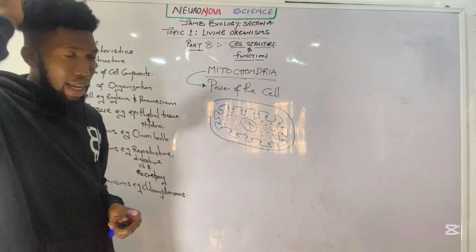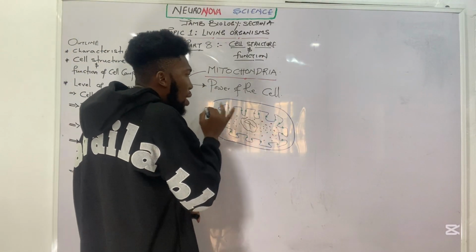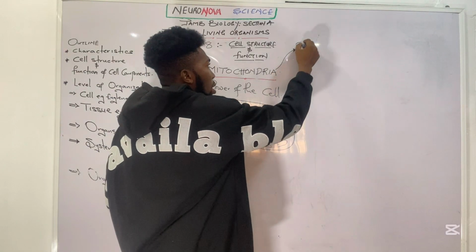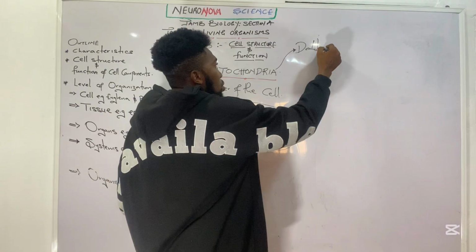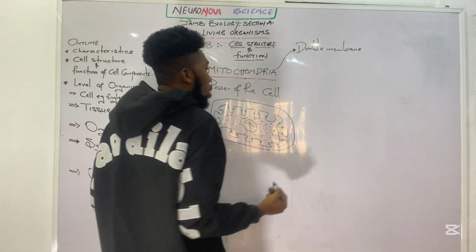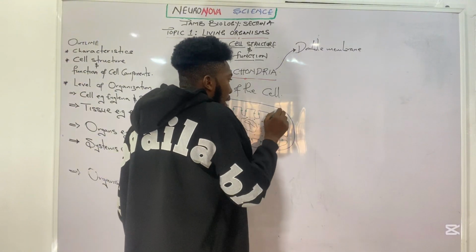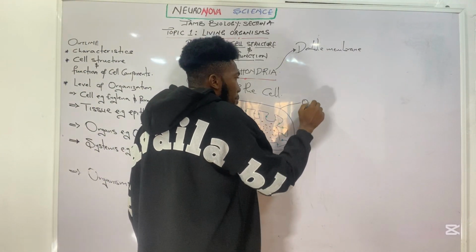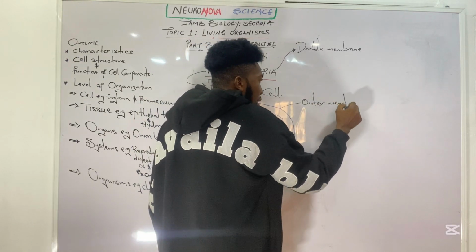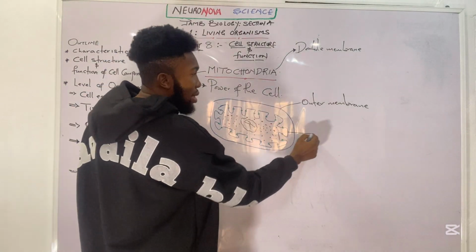Now, first thing we should appreciate from the diagram here is that the mitochondria has a double membrane. So it is a double membrane bound organelle. When they say double membrane bound organelle, you can see that here it has an outer membrane, and right inside here you can see the second membrane.